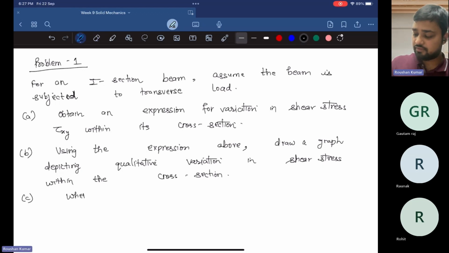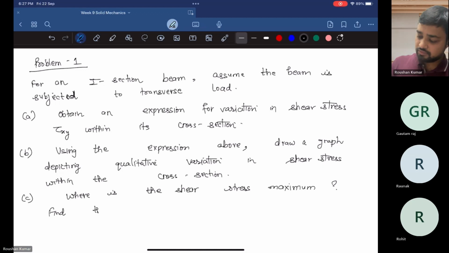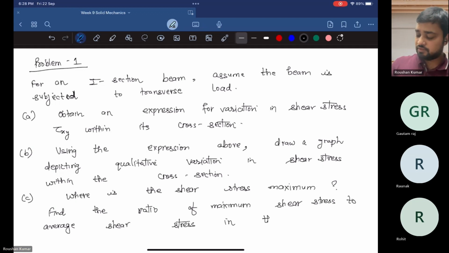Also, find the ratio of maximum shear stress to average shear stress in the cross section.